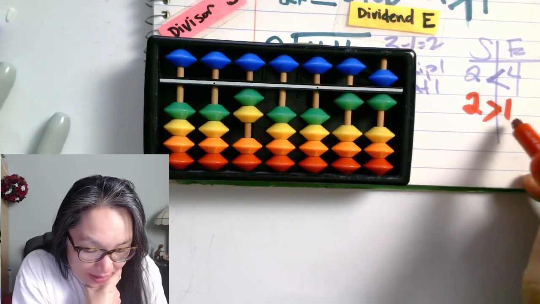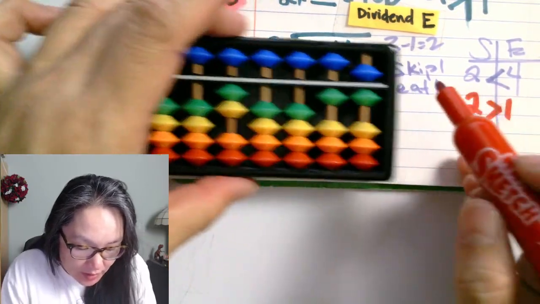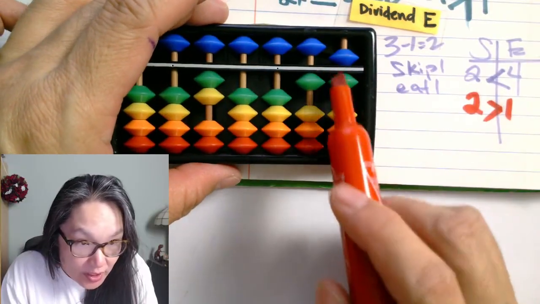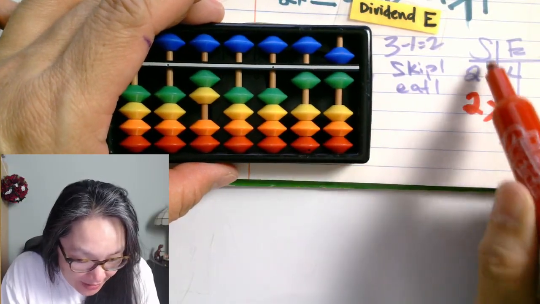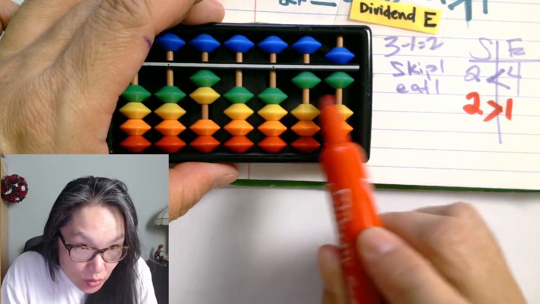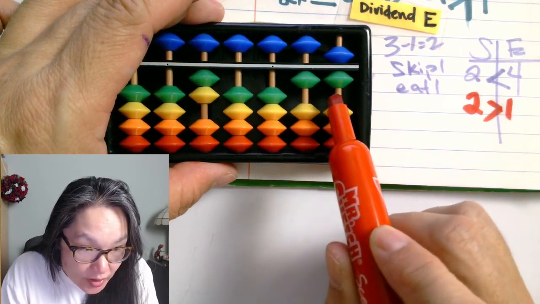So that means what? That means I'm going to be doing 2 columns. So there's 2 columns, 2 digits. Because the divisor is bigger, I have to utilize 2 digits. What are the 2 digits?